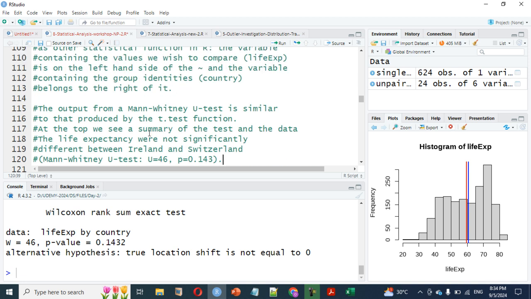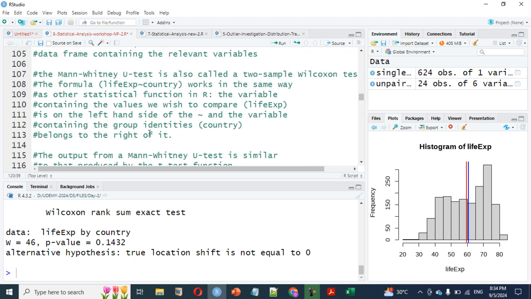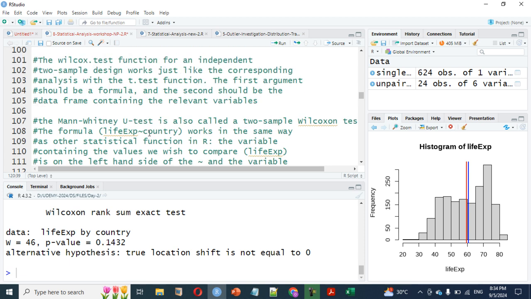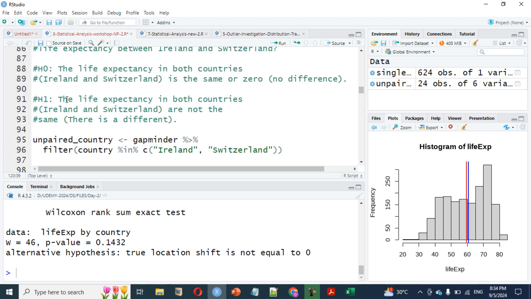All right. Because it is not significant, we reject the alternative hypothesis that says the life expectancy in both countries, Ireland and Switzerland, is not the same.